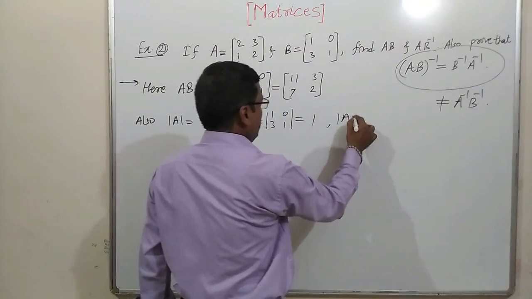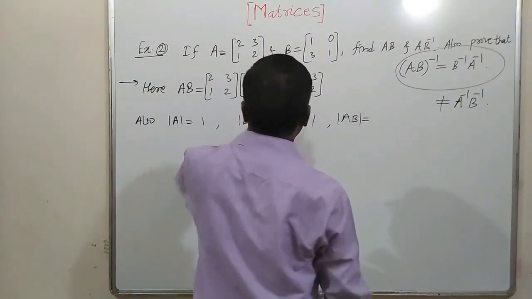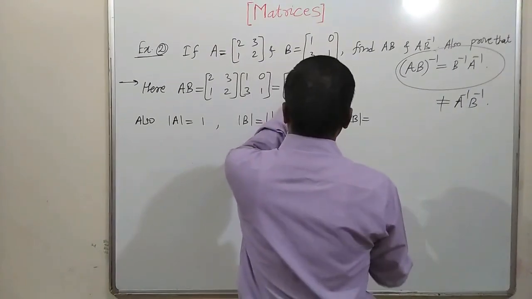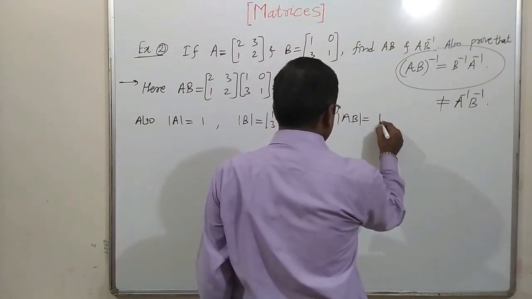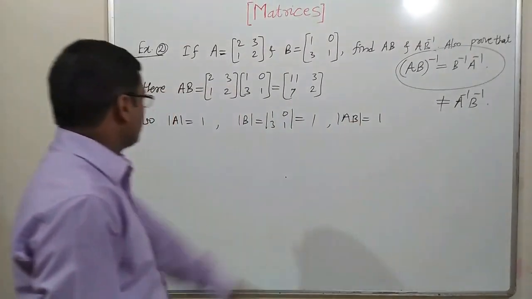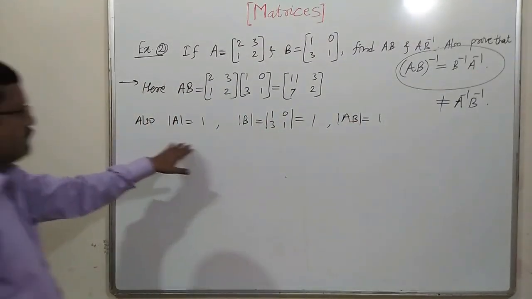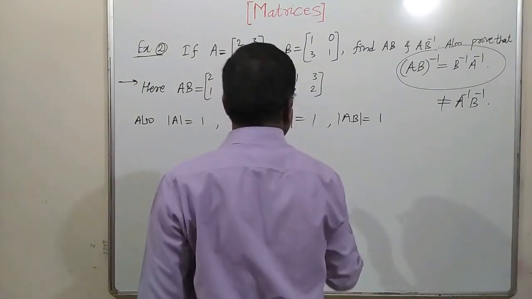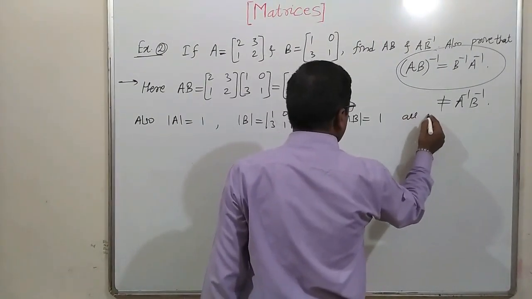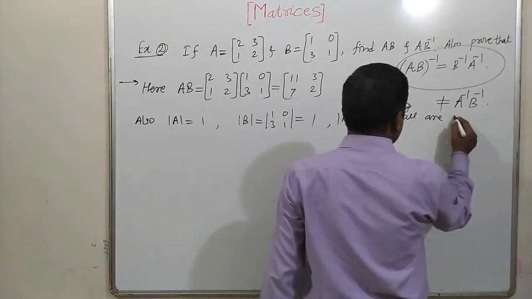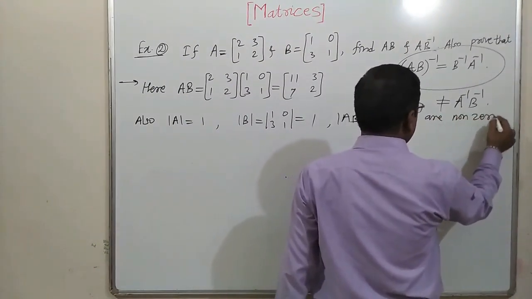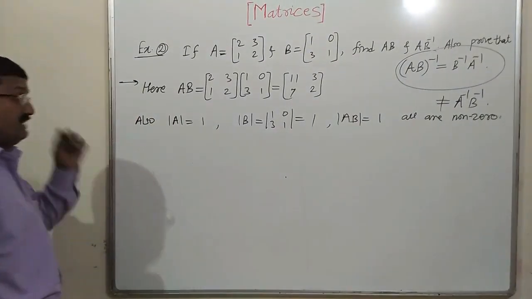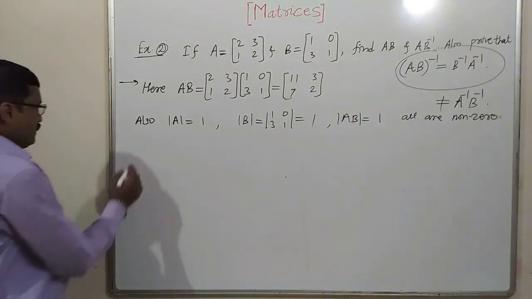And determinant of AB is 22 minus 21, that is 1. So we get these 3 determinants, which are all the same, 1 1 1, and all are non-zero. So we can find inverses of A, B and AB also.